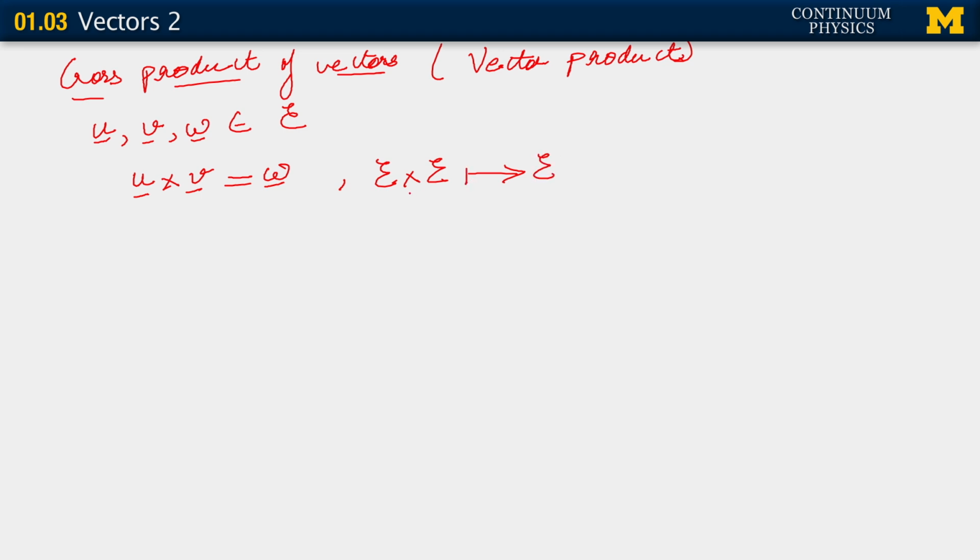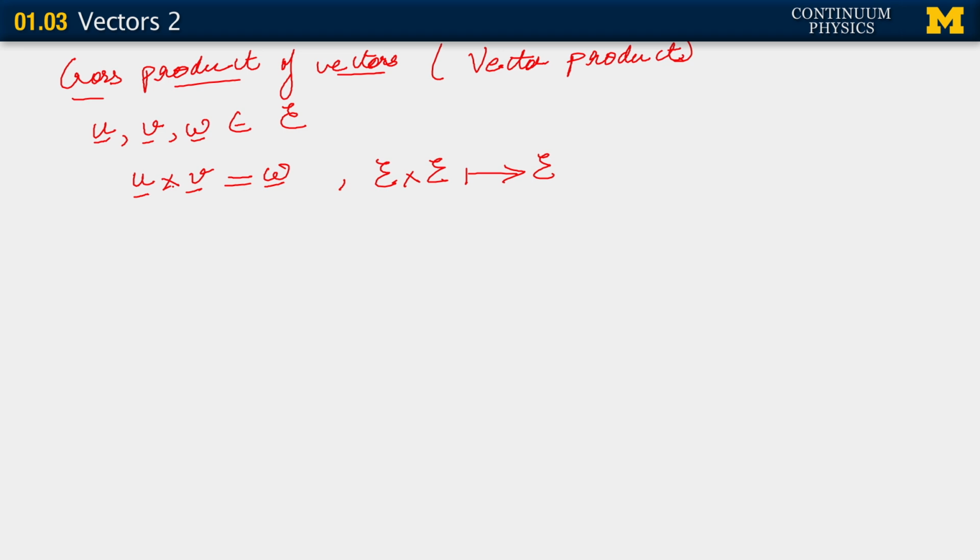All right? So this is often read as E cross E mapping into E. Note that the cross we use here to talk about E cross E should not be confused with the actual cross product. This is just mathematical notation. Okay? So the cross that we use in E cross E does not refer to the cross product or the vector product. The cross that we use in u cross v does indeed refer to the cross product.